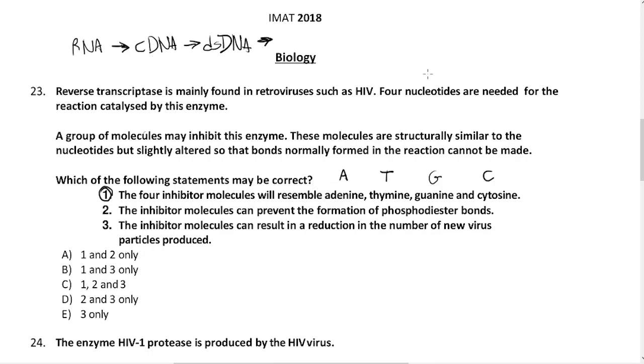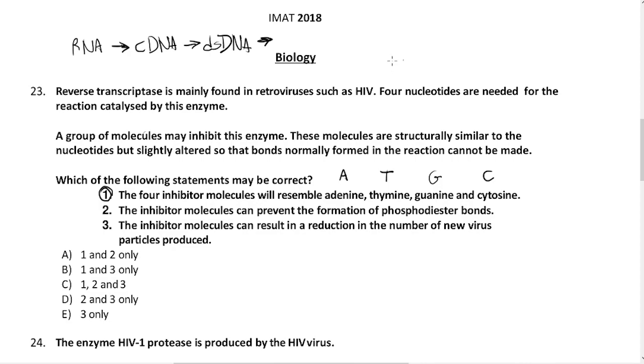We know that in RNA we have uracil that is taking the place of thymine. But in this case, the 4 inhibitors will actually resemble adenine, thymine, guanine, and cytosine.